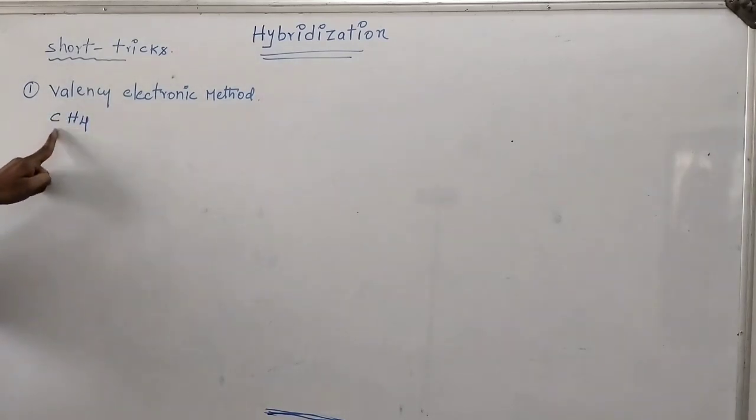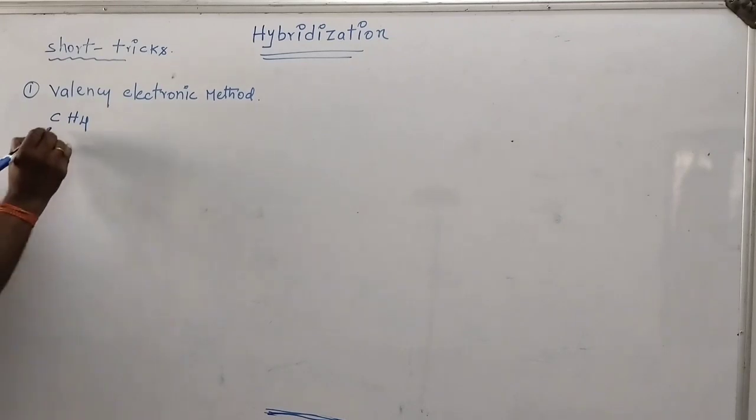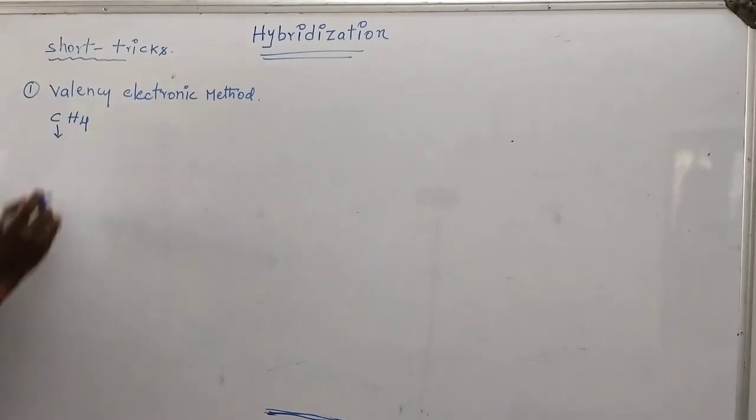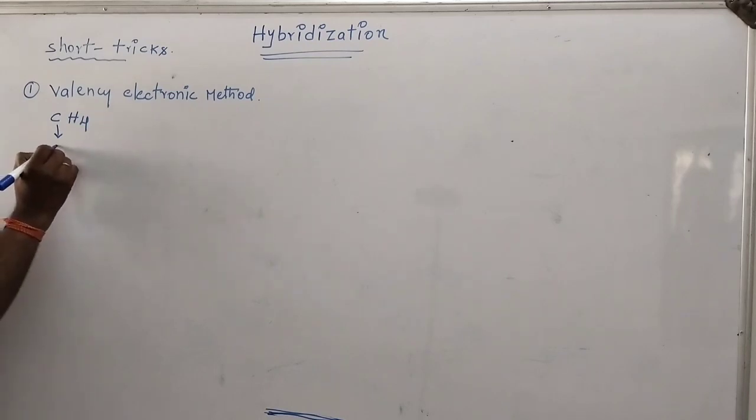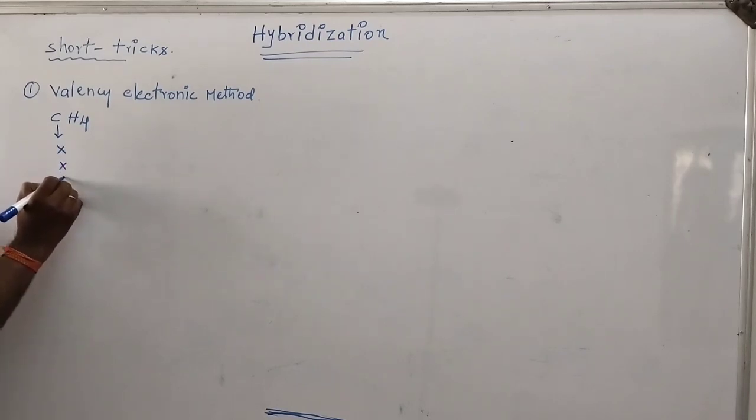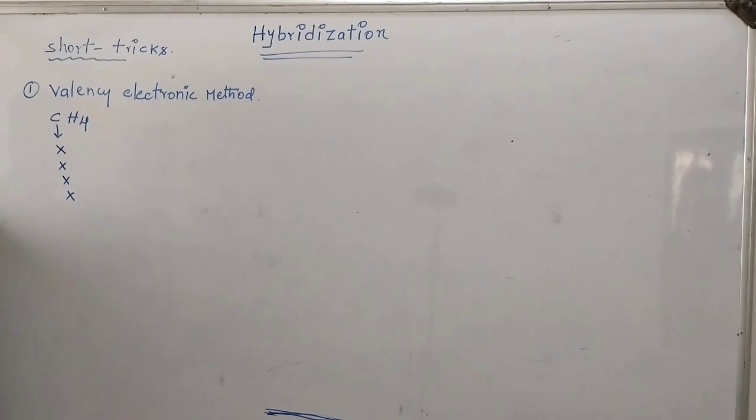CH4 molecule, carbon is the central atom. Carbon belongs to fourth group. So the 4 electrons we will draw here. If the central atom belongs to third group, we will take 3 electrons. So the number of electrons drawn is always equal to its group number. Here carbon belongs to fourth group, so I will write 4 electrons or 4 crosses, whatever is your wish.